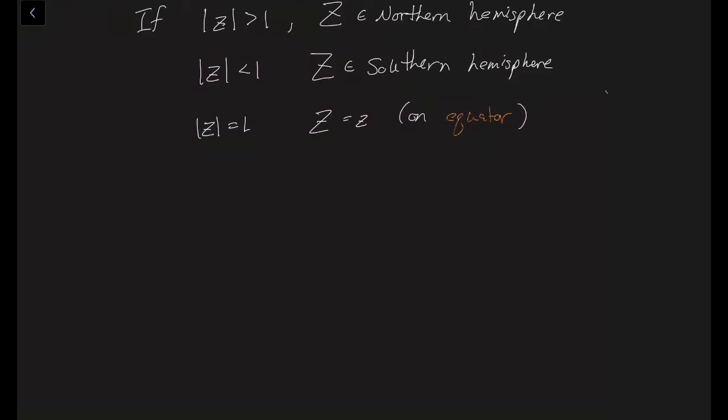So now let's ask a question regarding limits and infinity. What happens when we take a complex number z and approach infinity? What happens to big Z on the sphere?